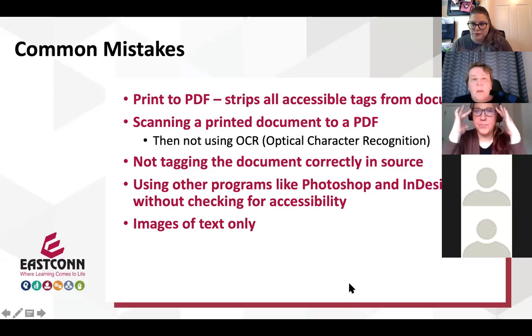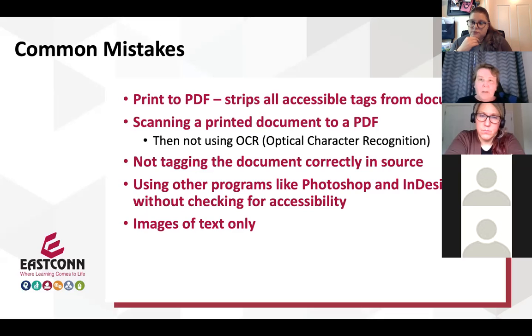I do have to say that this is an error that I see happen a lot. A lot of the schools that I work with will go to give materials to students who need to use assistive technology, and they'll be frustrated and say, but it's a PDF, why can't they read it? I have to keep revisiting the whole point about OCR and making sure the document is accessible, and trying to show them the difference.